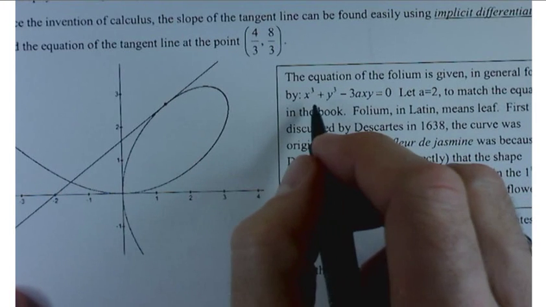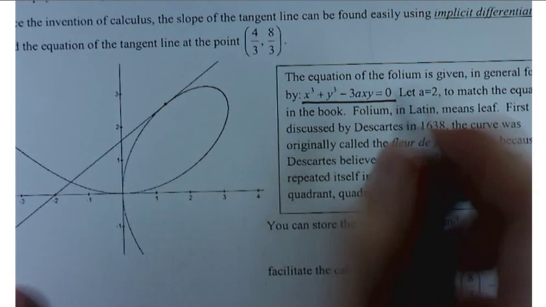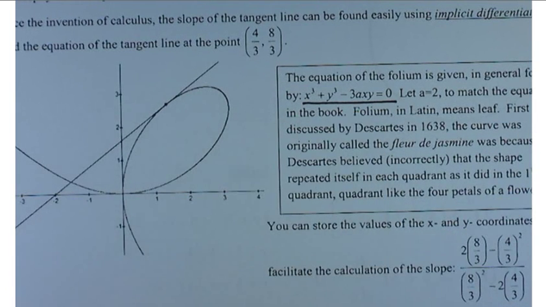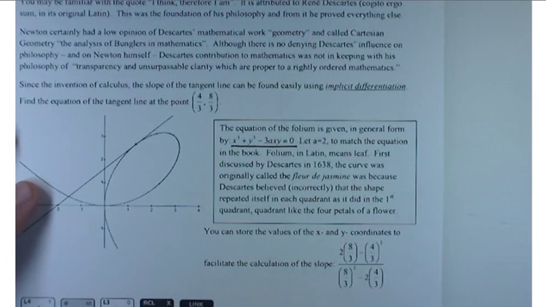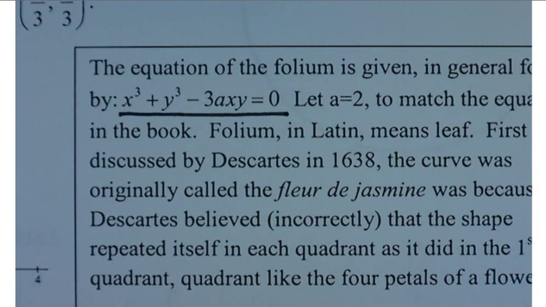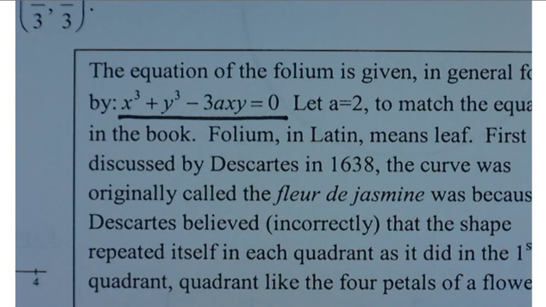But what we're going to be concerned with here is how do you find the derivative of this? Well, this is a little bit different than our work in previous sections. Why? Because you don't have y solved for. You don't have a function on one side and y on the other side. Y is kind of embroiled with everything else.